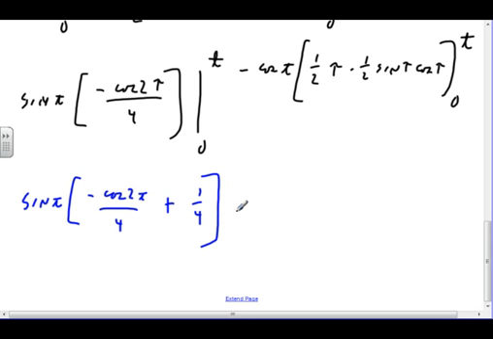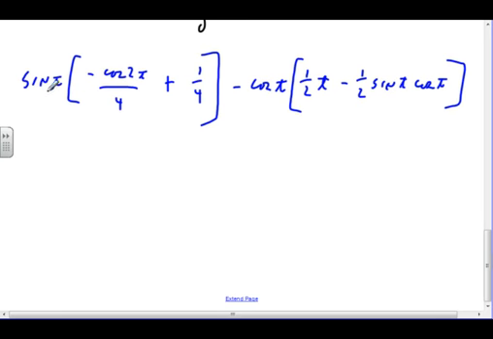Okay, and then on this side, I got minus cosine t. I put the t in, so I got 1/2 t. I got minus 1/2 sine t cosine t. When I put a 0 in, I get a 0 there, I get a 0 here, so the rest of that guy is 0.